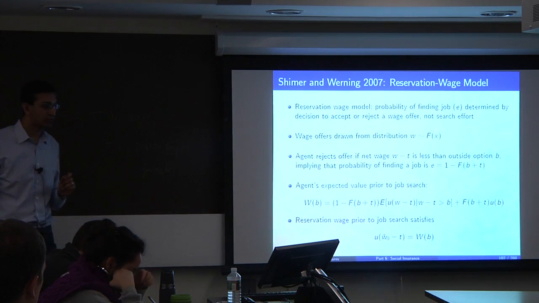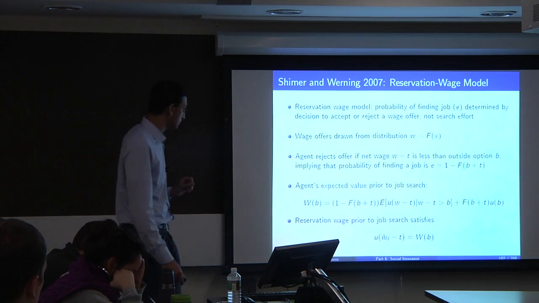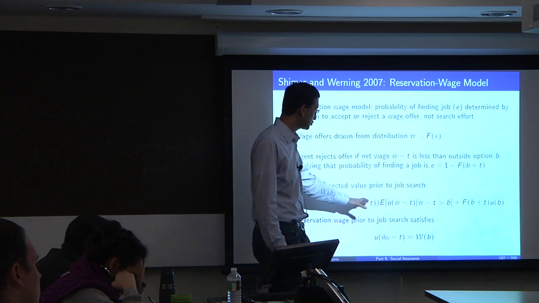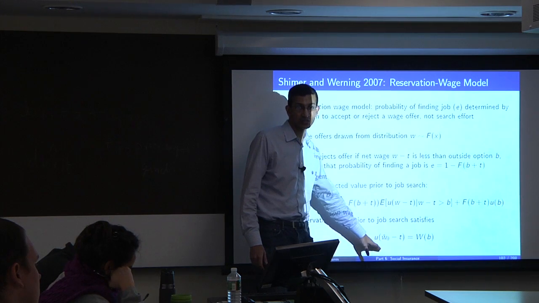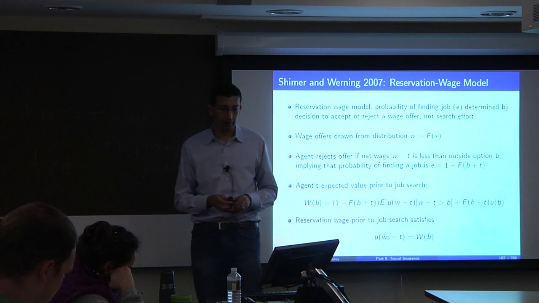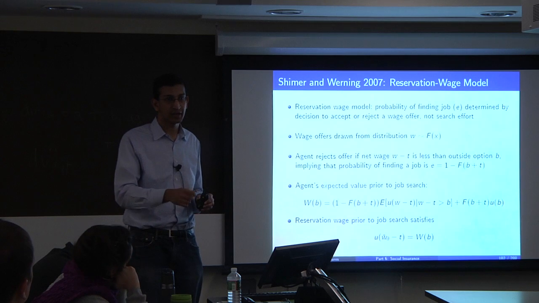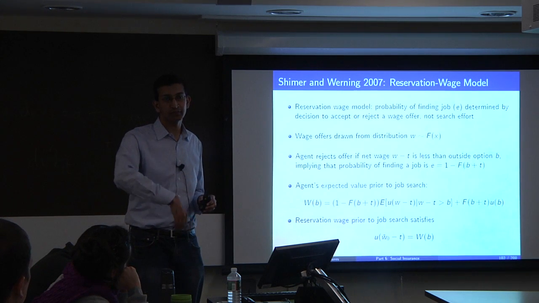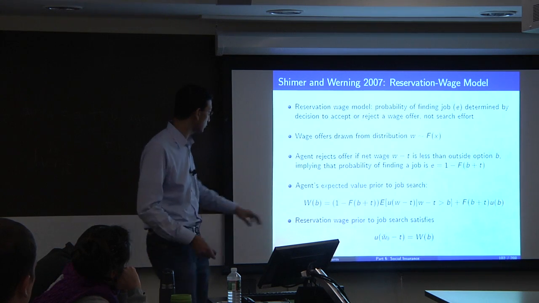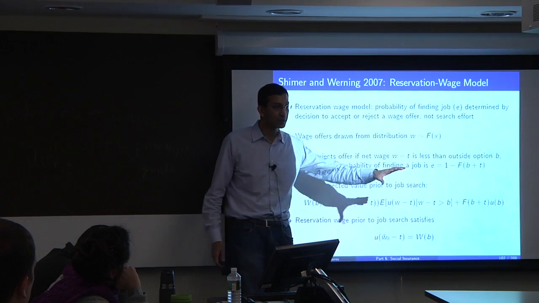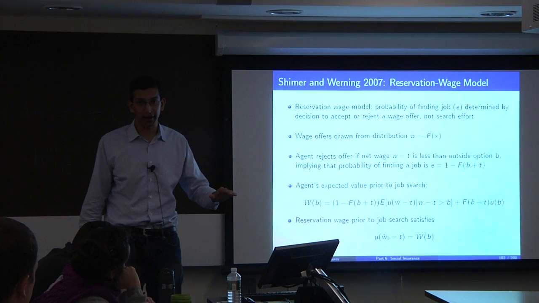So that means that your reservation wage prior to job search, so before you actually make this decision, is going to be satisfied by this expression here. The way to think about this reservation wage is, suppose somebody comes along and says, one of your options is to draw from this distribution, and we know that's going to give you utility of W of B. But I'm going to give you this other option: I just give you a job with certainty right now.